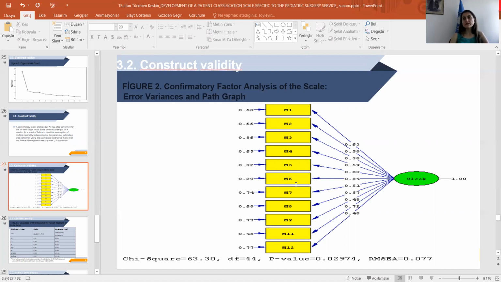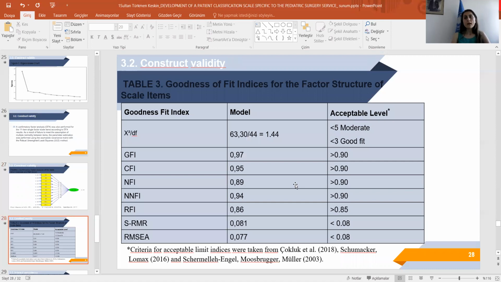The model data fit indices of the 11-item single factor scale are shown in table 3. The goodness of fit indices were used to decide whether the observed data fitted the one-dimensional model.